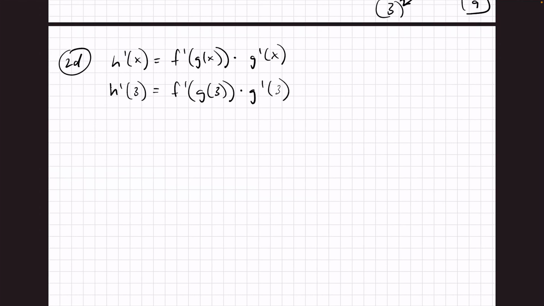Times 3. Let's see. So do the insides now. G of 3 is 2 times g prime of 3 is 1. F prime of 2 is negative 1 times 1 is negative 1.